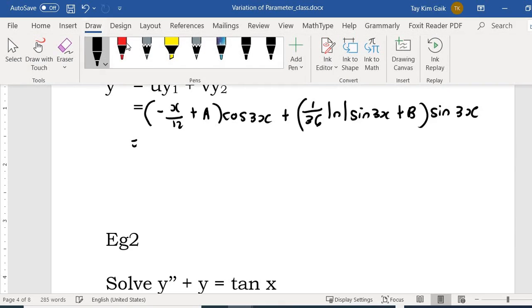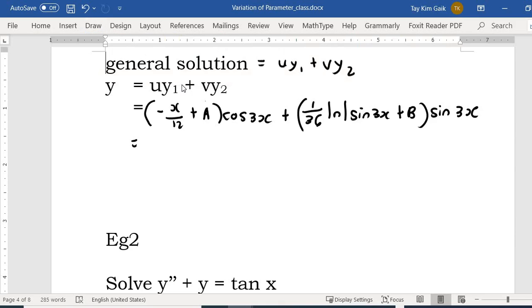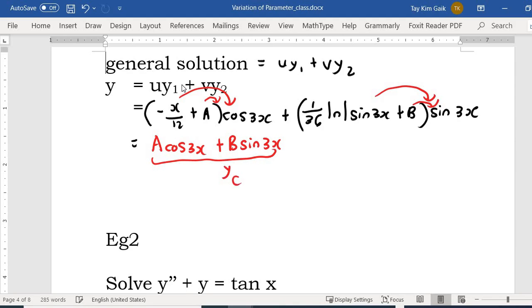Then you may expand and arrange it the way you have for the solution of undetermined coefficients. So a cos 3x, and here b times sin 3x. This part is actually your yc.